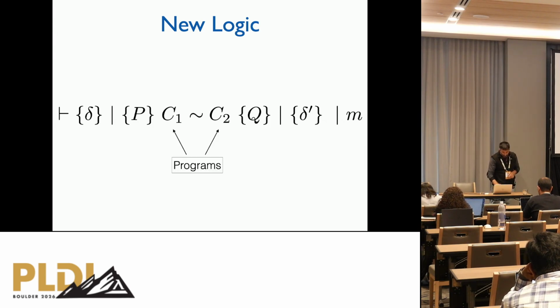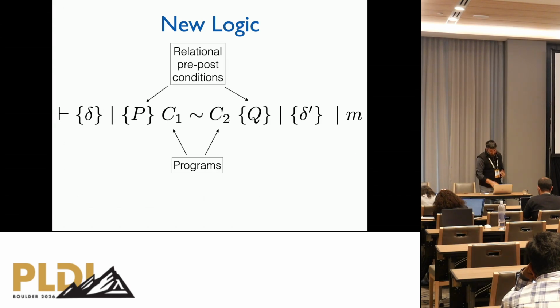Here we have a bit more. So we have two programs, C1 and C2. But we still have our pre and postconditions P and Q, but now they represent a relation and not a predicate. Usually in Hoare logic they are predicates. We generalize to relations. This is standard in relational verification.